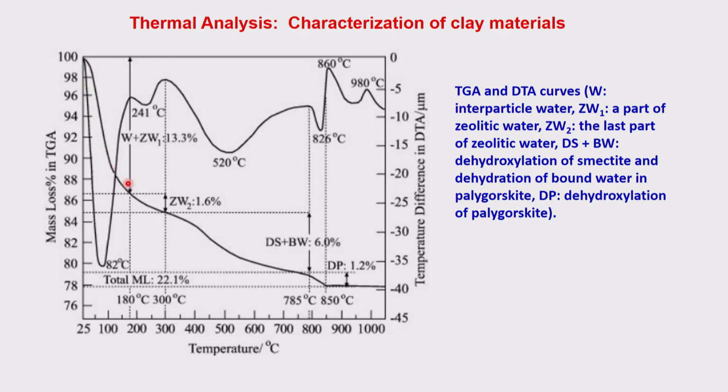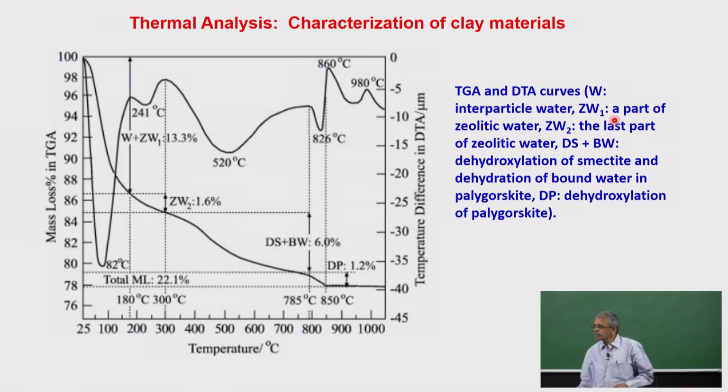This is your TGA thermogram here, and different regions are labeled here. It is labeled as W, and W plus ZW1, ZW2, and DSBW, etc. You see here, W is interparticle water, that is just adsorbed.